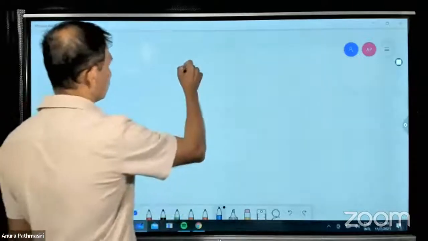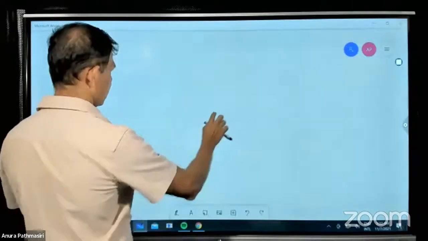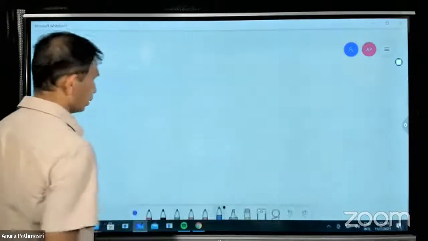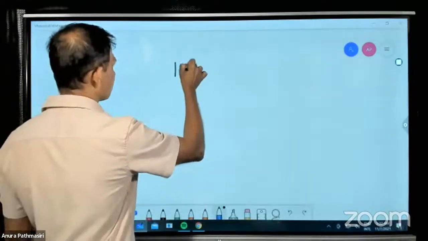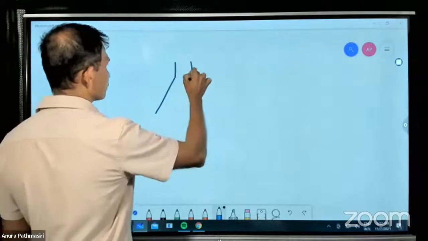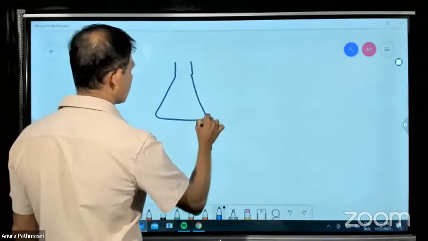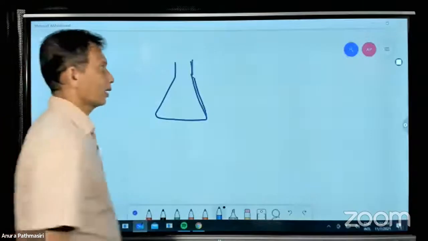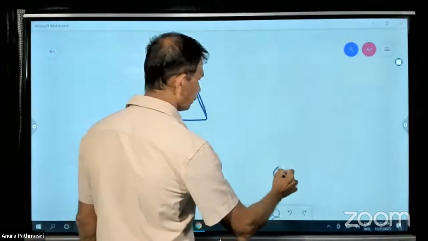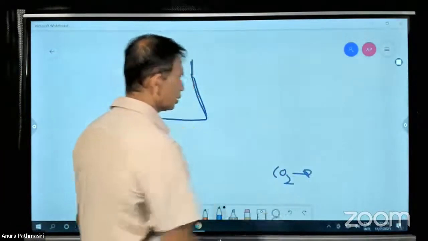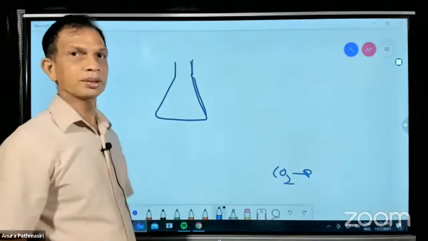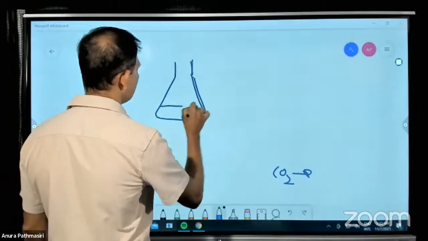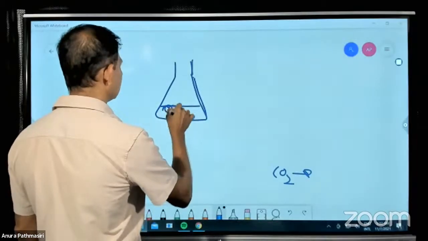Now, in this experiment, it is something like this. This is the conical flask where the cellular respiration might occur, and we are going to test that carbon dioxide is released by the cellular respiration.